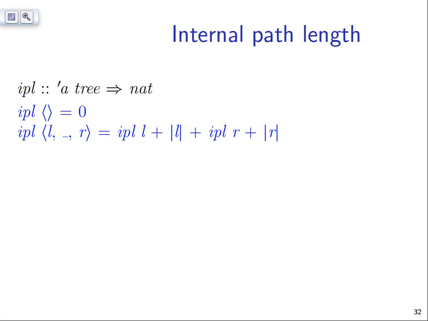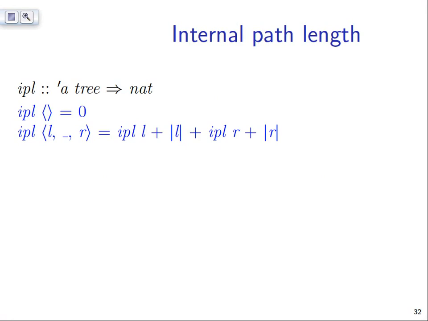So yeah, that. Now, the IPL of this one is IPL of that one, which is 0, plus the size of that one, but the size is, I think I did make a mistake with the plus 1. We are off by 1.